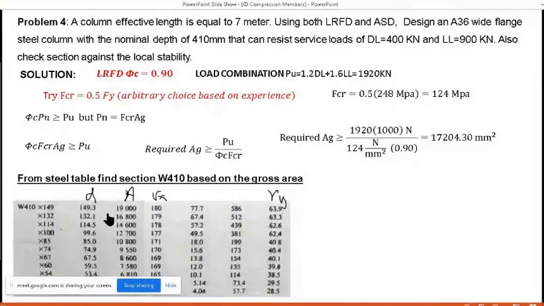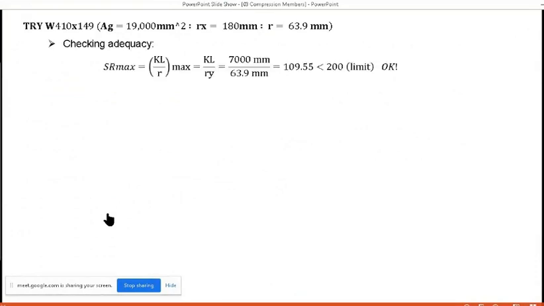Diba? So, itatry natin ulit yung 149 kasi siya yung pumasok doon sa ating AG, di ba? Yung 149. So, i-check pa rin natin siya to just show yung sa ating example. So we have to try this again.